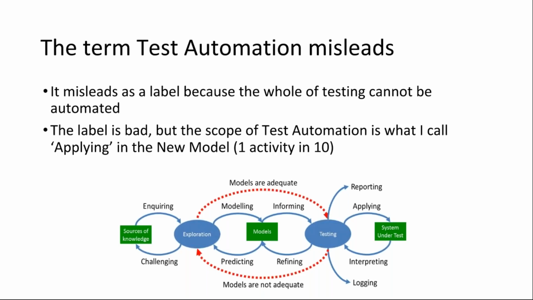And the whole idea of the new model, and one of the reasons for having this concept of a series of thought processes, is that the one area where tools take complete control is in this idea of applying. Now, some people would say, no, applying, that's checking. I don't care. I think applying and checking are virtually the same. I think that the difference is, I'm not clear about what they are, other than they're very subtle. But let's, for the sake of argument, assume they are the same.